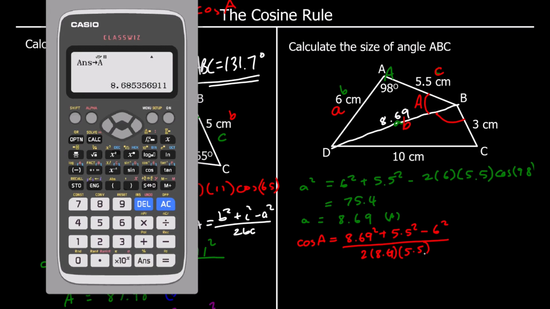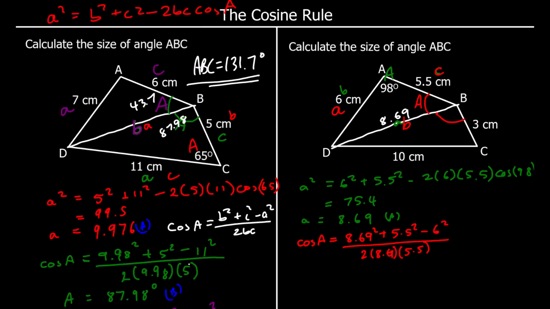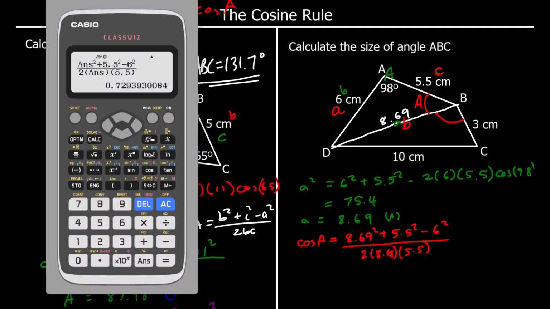So we have answer squared plus 5.5 squared minus 6 squared over 2 times answer times 5.5. 0.73, that's cos A. I'm not going to write it down just because I want to save space.